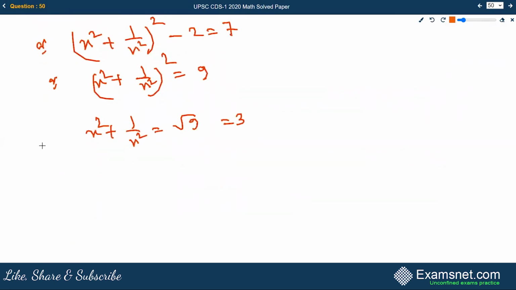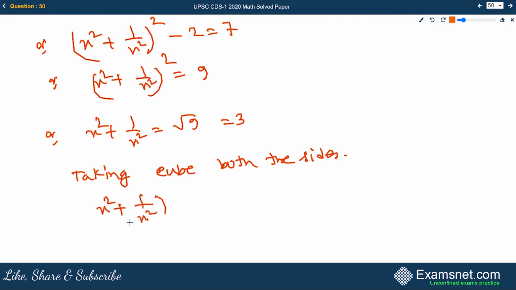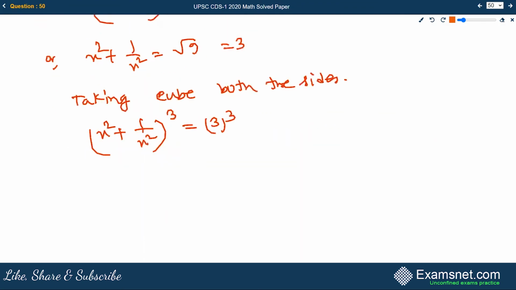Okay, now we are going to find the cube. So taking cube on both sides, we will get x square plus 1 by x square whole cube equals 3 whole cube.